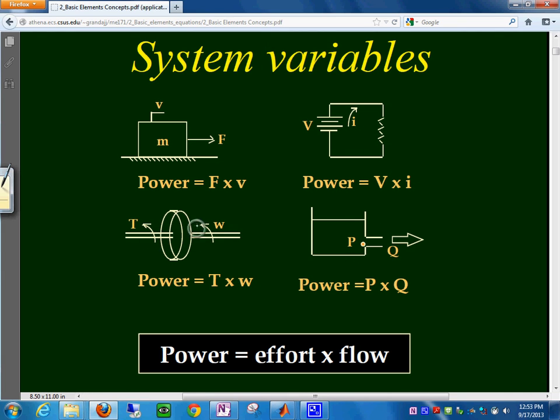This is a rotational flywheel where we apply a torque. And then the variables are torque and omega. And this one right here is pressure times volume flow rate.